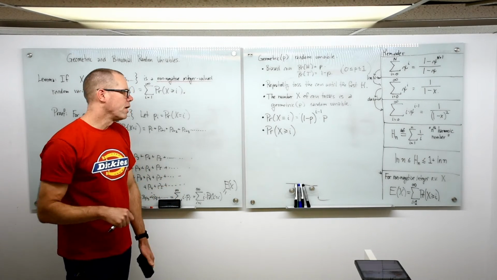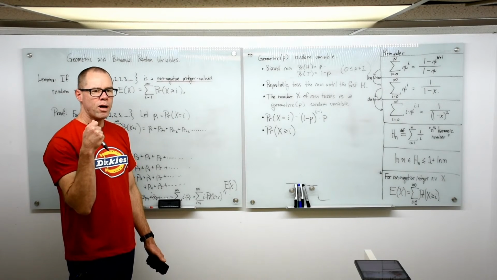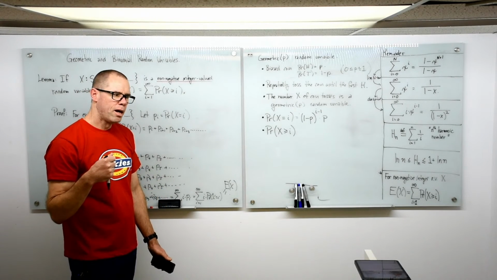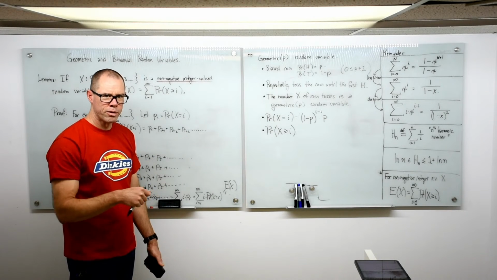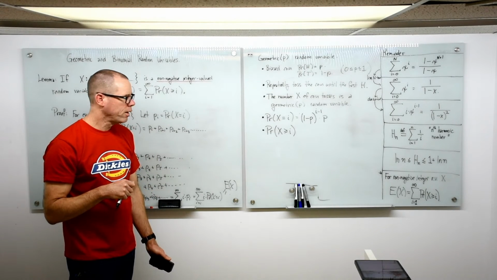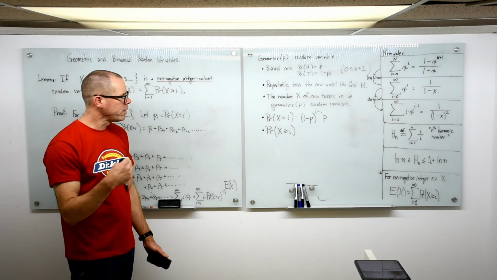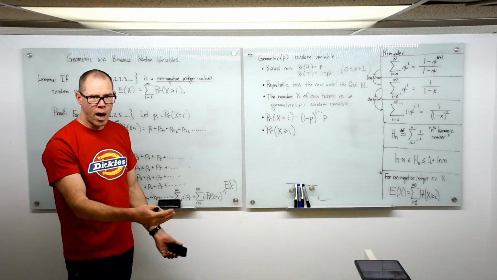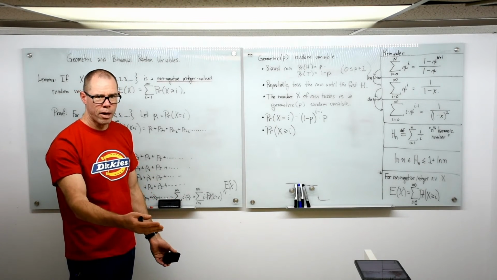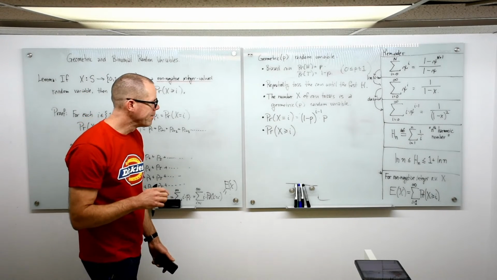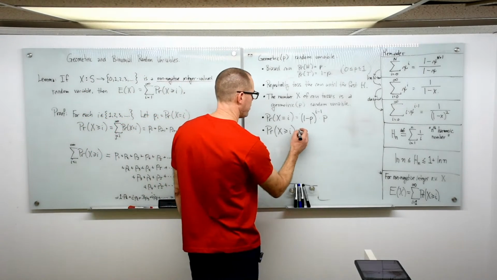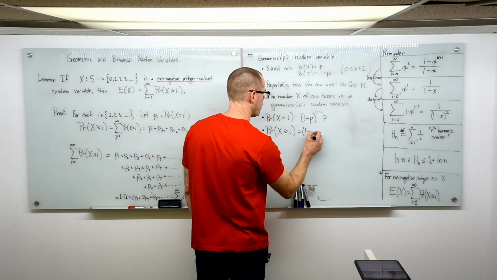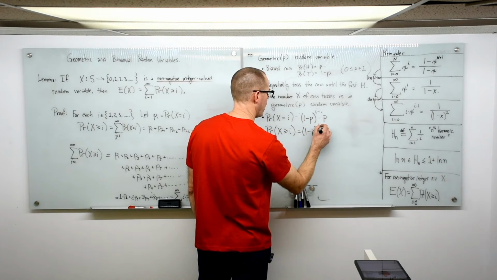If that happens, then I will definitely have to toss the coin the ith time. So that means x is bigger than or equal to i. If I get i-1 tails for my first i-1 coin tosses, then I'm going to need i or more coin tosses before I'm done. So the probability that x is bigger than or equal to i is just 1 minus p to the i-1.